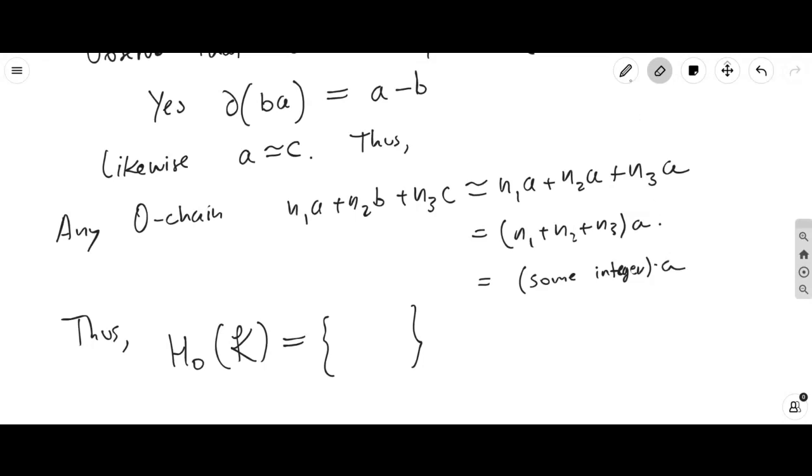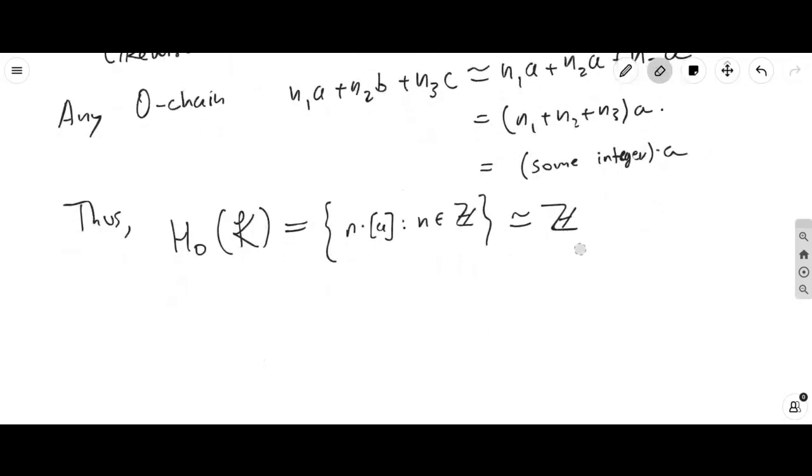So they're all determined by the homology class of A times some integer n, where n is an integer. This is just a group that's isomorphic to the integers. So this is the class that generates the group for you. So there you go. The zeroth homology group of this complex is isomorphic to the integers, which is what we anticipated before we even solved this problem.